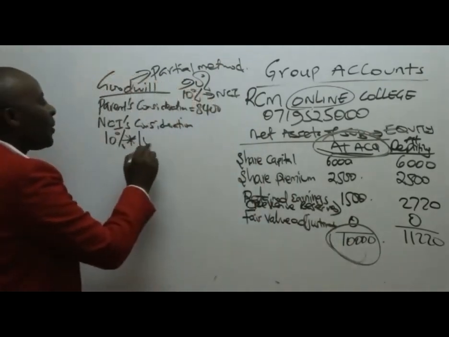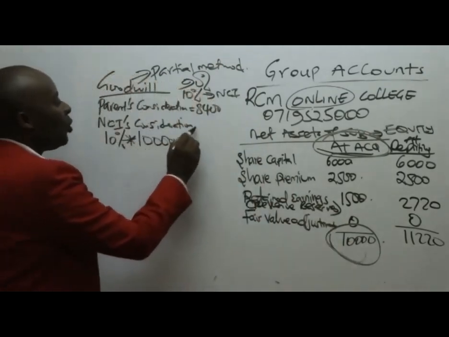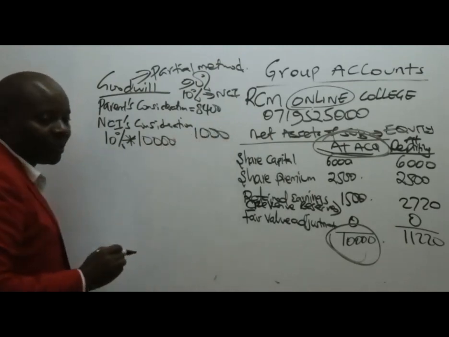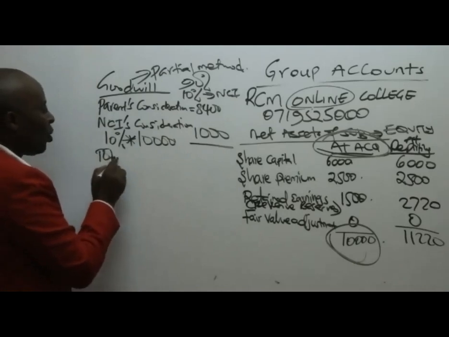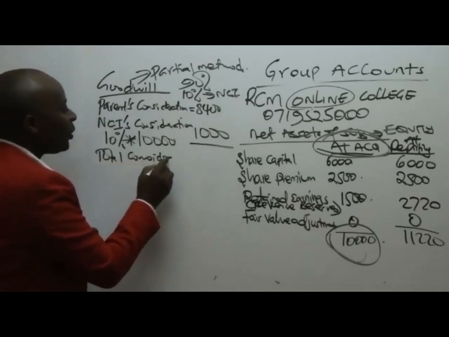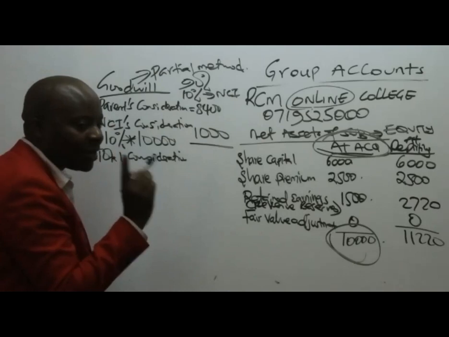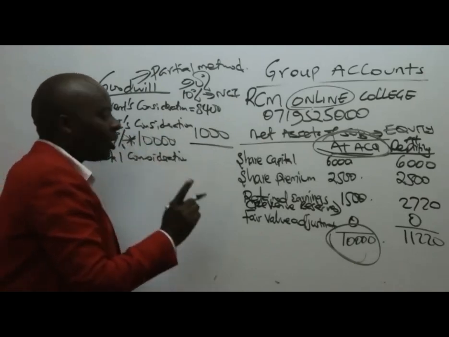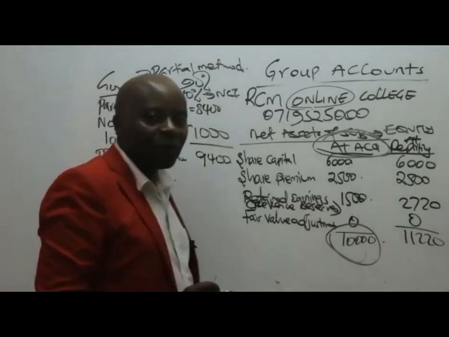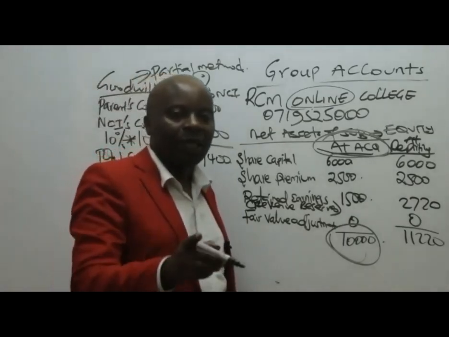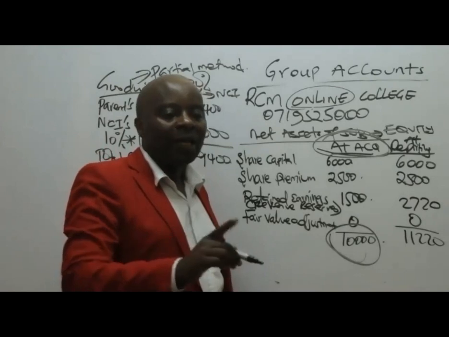So I'll take 10% of 10,000, which gives me 1,000. Meaning, ladies and gentlemen, that the total consideration we gave to acquire 100% of the subsidiary was 9,400. 9,400 is what we gave to acquire Mali Limited.